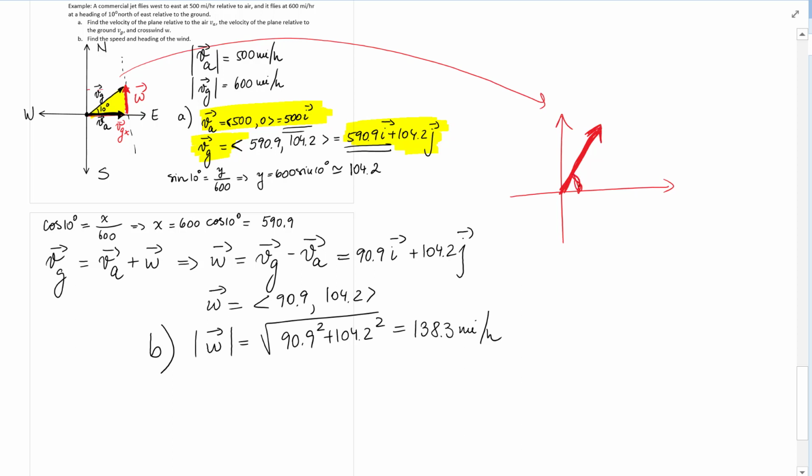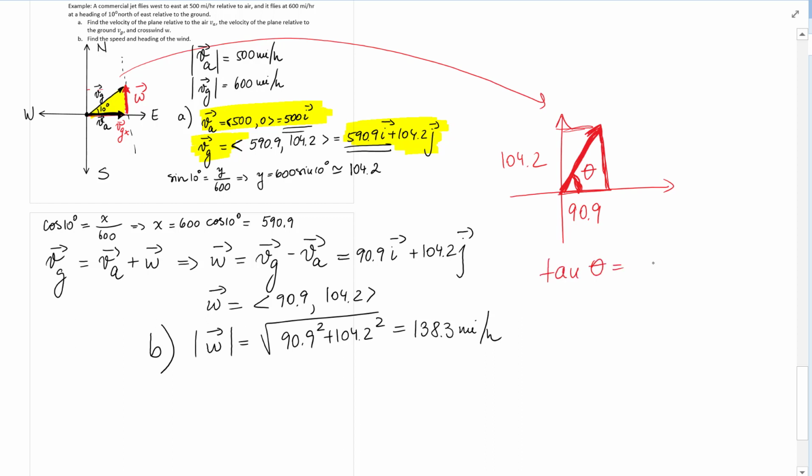And I want to find this theta. I know that the x component is 90.9 and the y component is 104.2.